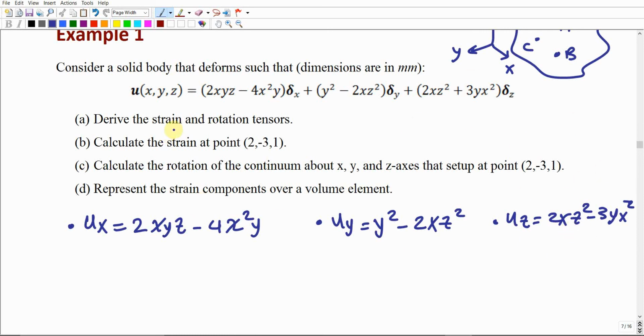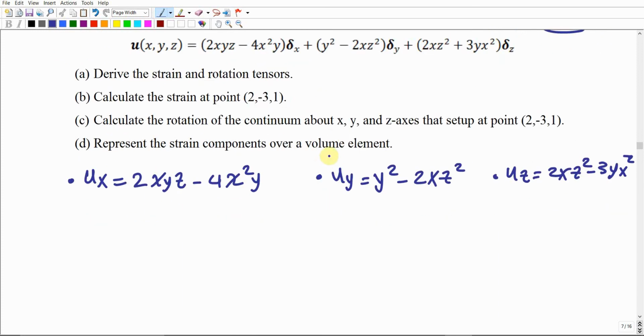It is required to derive the strain and the rotation tensors and then calculate the strain at a specific point like point 2, negative 3, 1. It means that this is the x component, y component, z component of that point, and then calculate the rotation of the continuum about the x, y, and z axes set up at this point, then represent the strain components over a volume element.